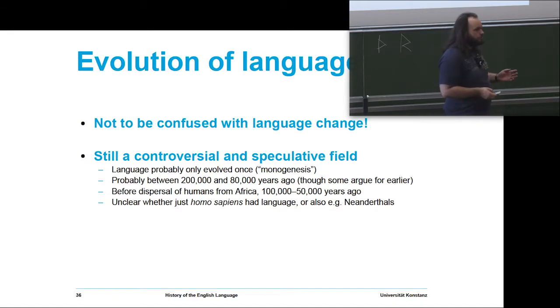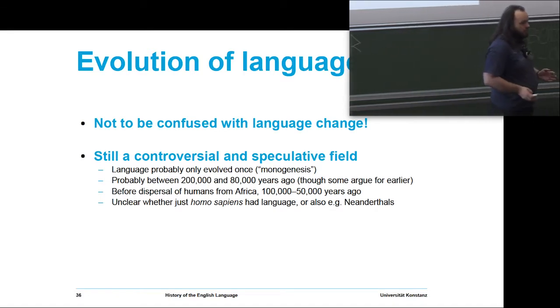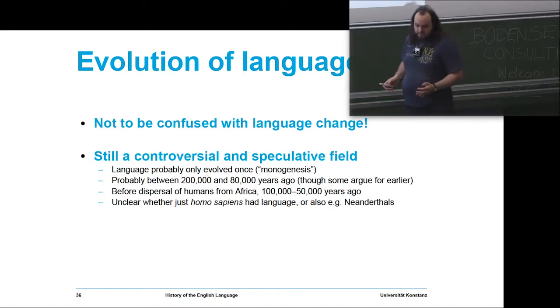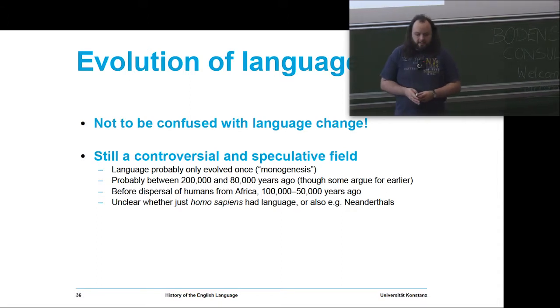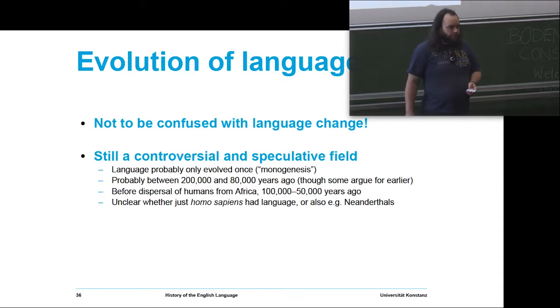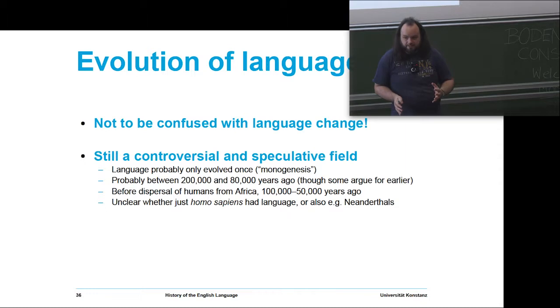When I talk about the evolution of language, it's very important to note that what I mean is the development of the human capacity for language. So this is whatever evolutionary change happened, whatever biological change happened, that caused human beings to be capable of having language.